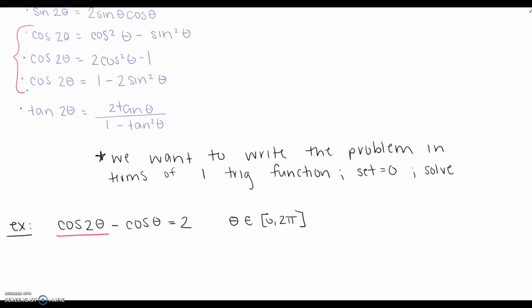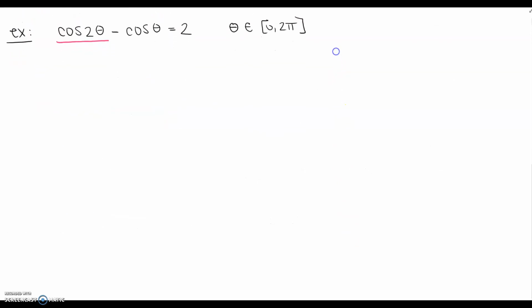So remember, if we want to write everything in terms of one trig function, and we only have cosine right now, right off the bat, this one right here simplifies to be 2 cosine squared minus 1. So that seems like a great one to just go right to. You could potentially use others and then use your other trig identities that you know, but that would potentially be more difficult.